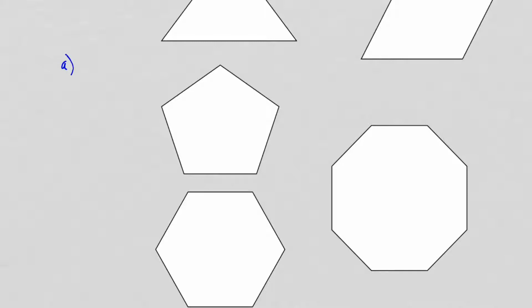So first of all, an interior angle, we know we need to divide. So this is a pentagon, it has 5 sides. So let's go ahead and find the sum. So it's going to be 5 minus 2 times 180.